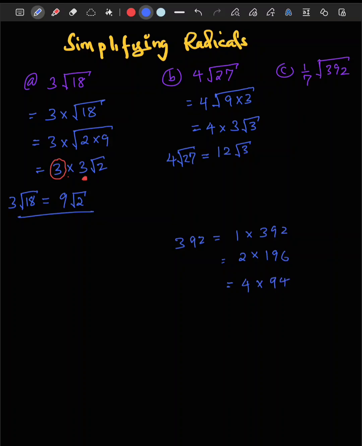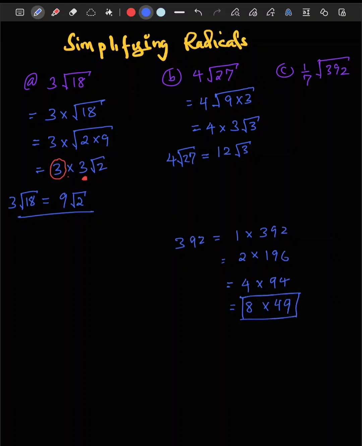Okay, or this also can be written as 8 times 49. So at this stage, we could see a perfect square number, that is 49. So we are going to use this pair.